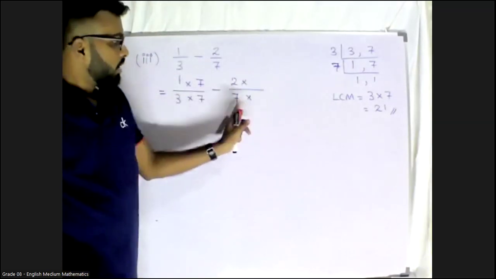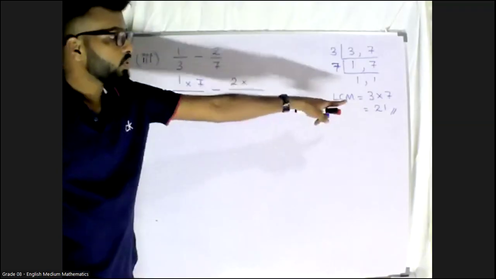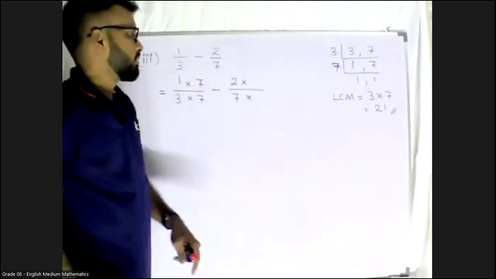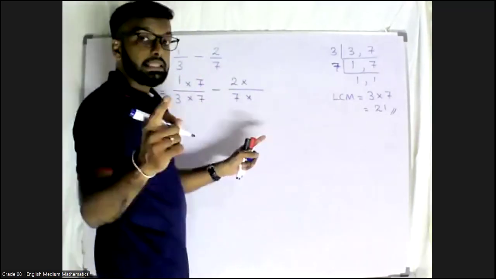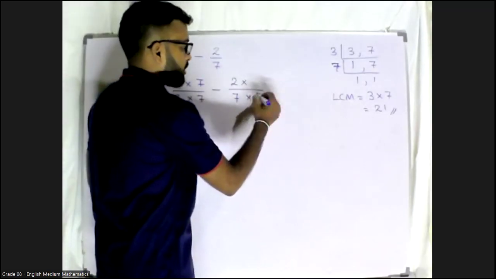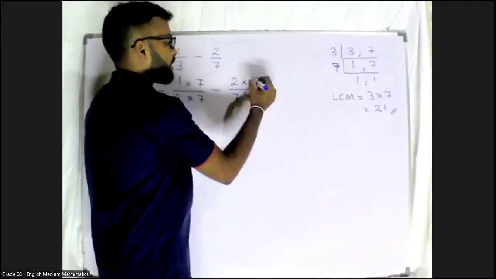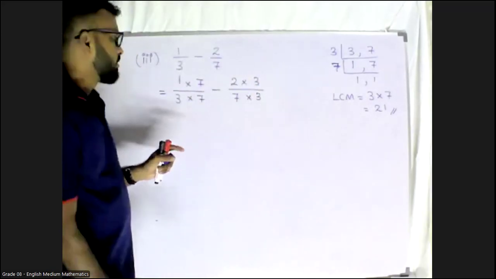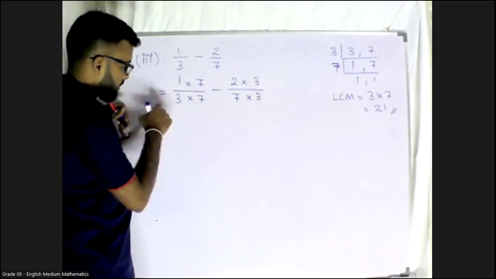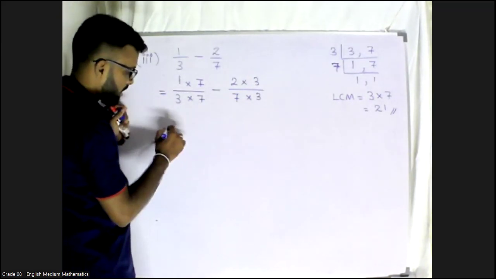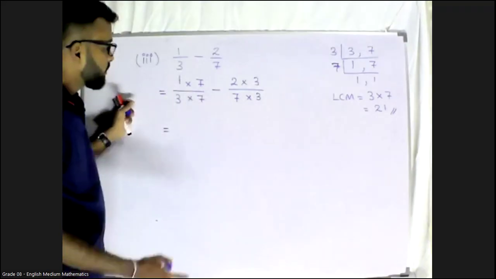You need to convert this 7 into 21. How do you do that? By multiplying 7 by 3. Both denominator and the numerator should be multiplied. Equal mark is very important.